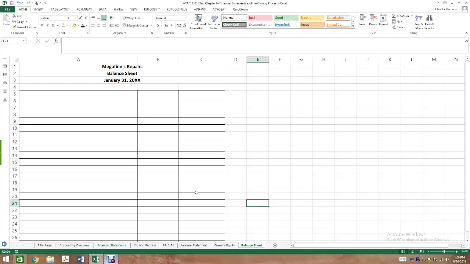This could be your accounts payable, your salaries payable, anything that you're going to pay within the next year. Your long-term liabilities are anything that you're going to pay longer than a year. For example, if you have a 20-year mortgage, then that's going to be a longer liability. Usually your notes payable, your mortgage payable, anything of that nature that's longer than a year.